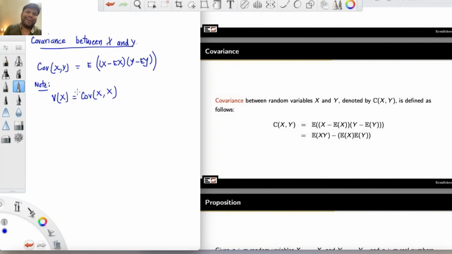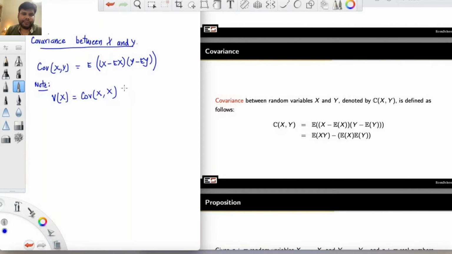Okay, so what is the idea behind covariance? I would say the most important property of covariance is that whether it is negative or positive tells you, in some sense, the association between X and Y. Are they positively associated with each other, or negatively associated?